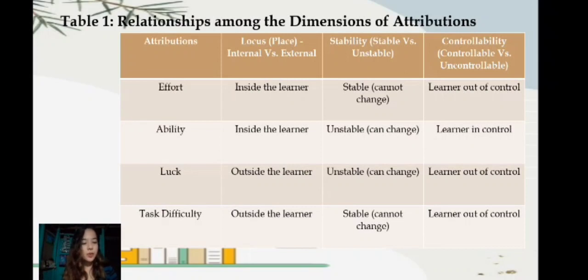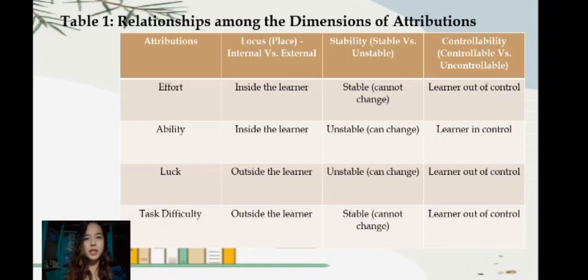The locus is inside the learner, but unstable, though it is in control of the learner. Next is luck. It is outside the learner, but unstable and out of the learner's control. And lastly, task difficulty. The locus is outside the learner, though stable, but still it is out of the learner's control.